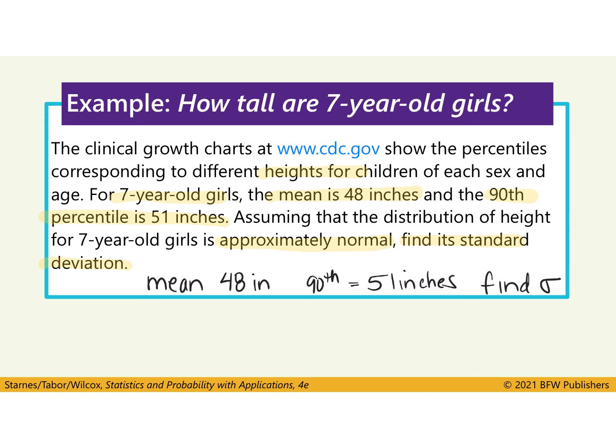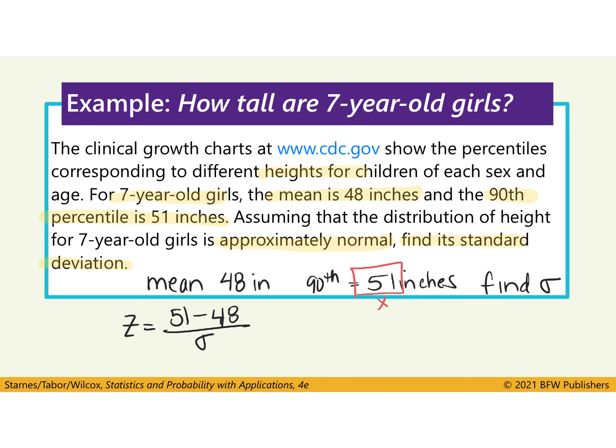What do we know so far? Do I know the z-score? No, but I can probably find it if I know what percentile, right? Do I know what the x is? Yes. 51 inches becomes my x, because at 51 inches, that's the 90th percentile, minus the mean of 48. And the standard deviation is what I want to find, right?